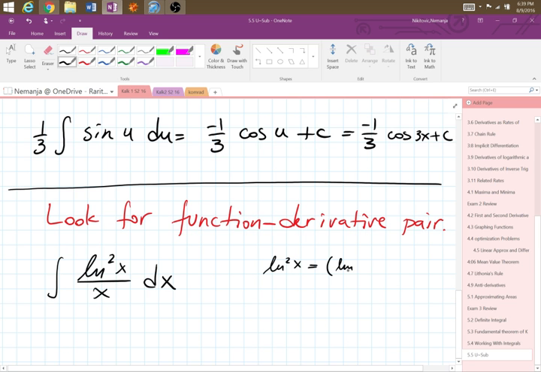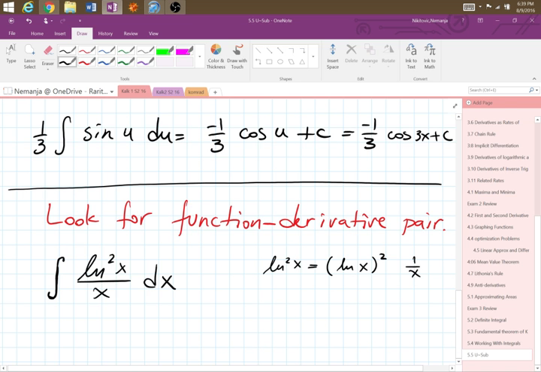That square there can be written like that. So this ln x is actually one unit, one thing. Now, when you look at this, you immediately notice that you have ln x there, and you also have 1 over x, because you can put 1 in the numerator, right? And you have over x.